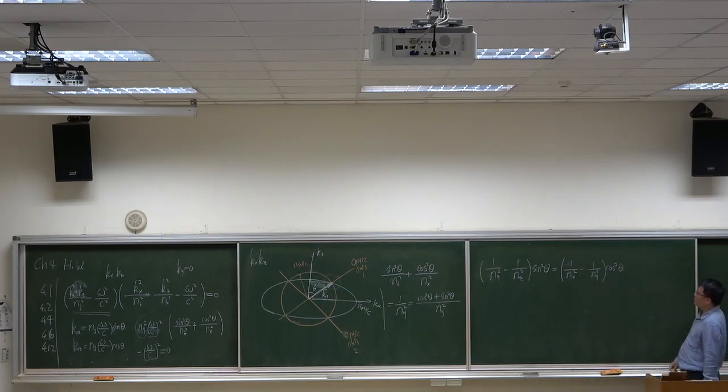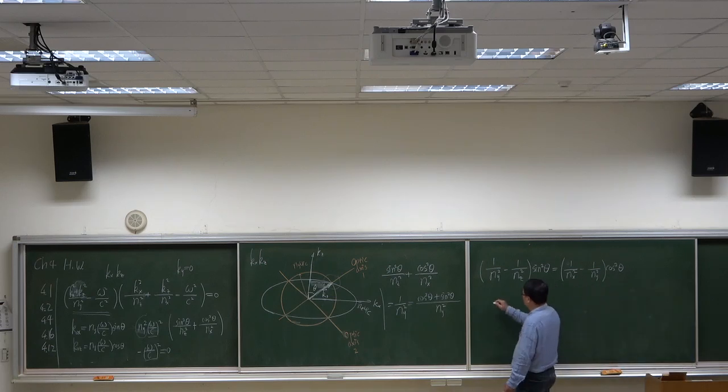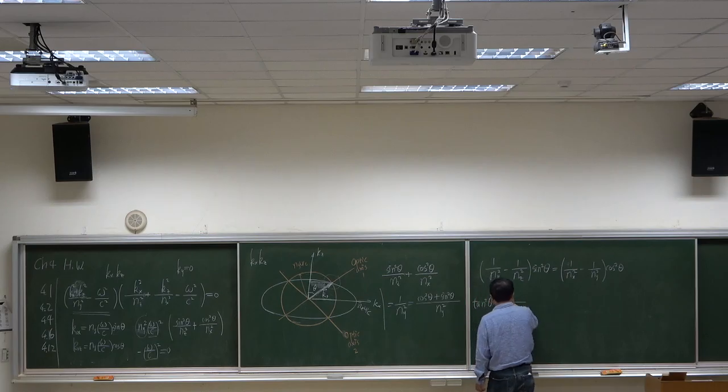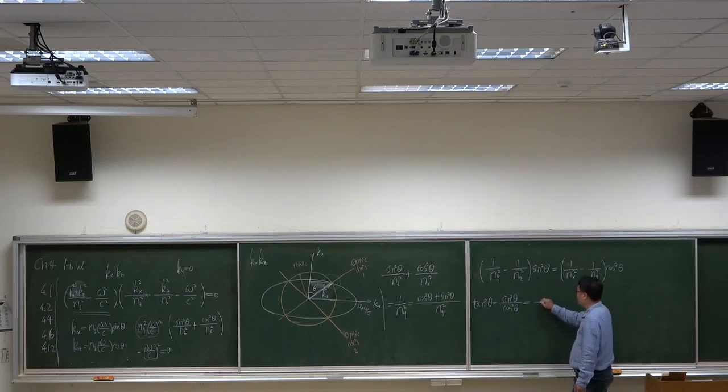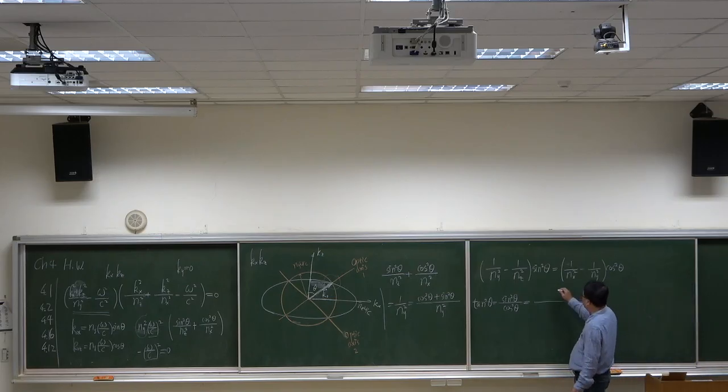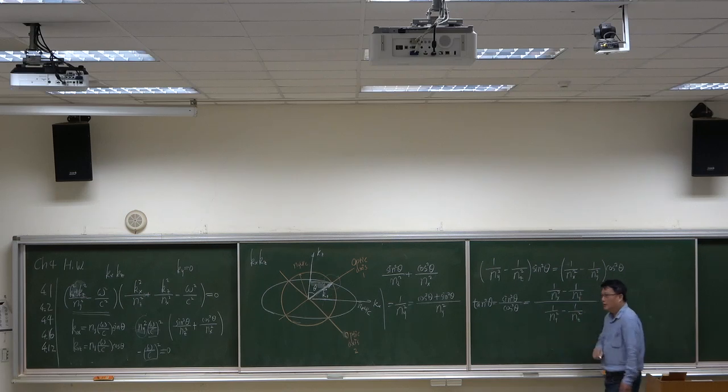Okay? So tangent squared theta is sine squared over cosine squared, which is equal to this ratio: 1 over nx squared minus 1 over ny squared, over 1 over ny squared minus 1 over nz squared.